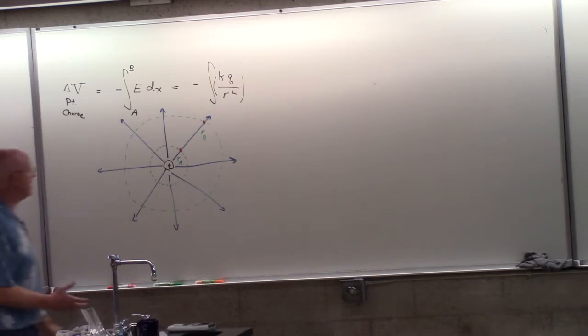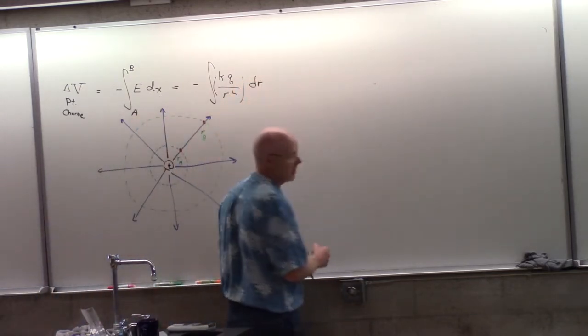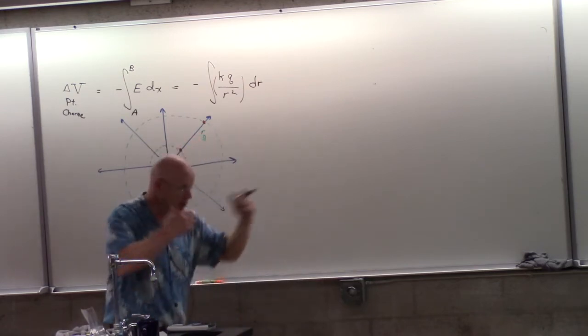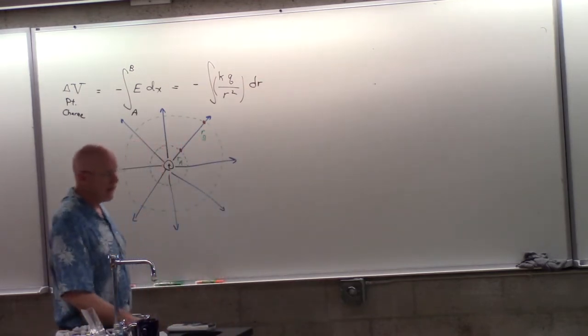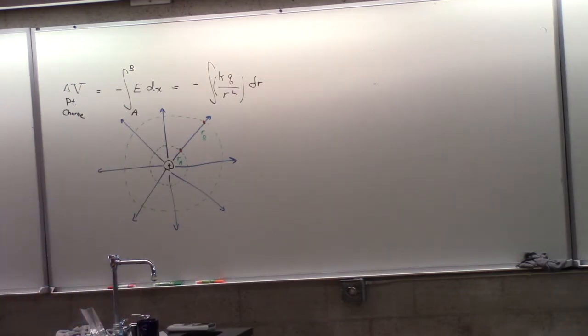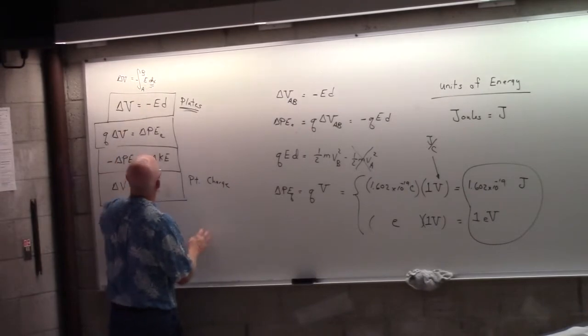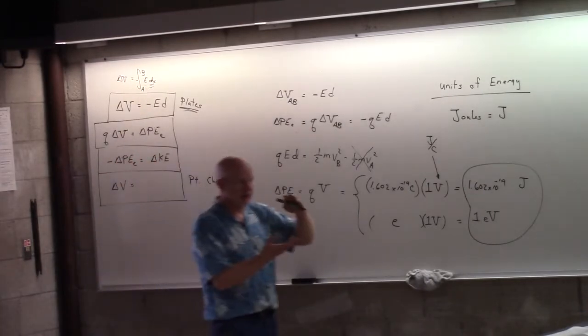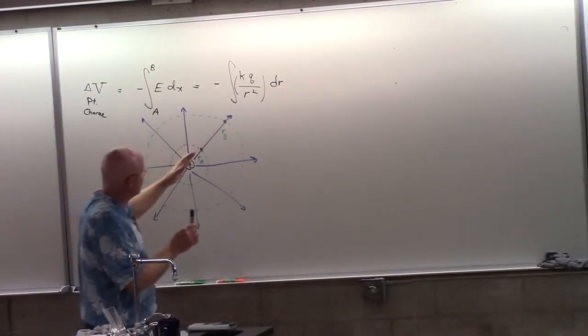Now, in this case, I should probably change the dx to a dr, because really what that means is you integrate along the electric field. And in the first one I just did it along the x-axis, so that's why I did a dx. Obviously, I could have laid it the other way and done a y-axis. And in this case, we could even call this the x or the y-axis.